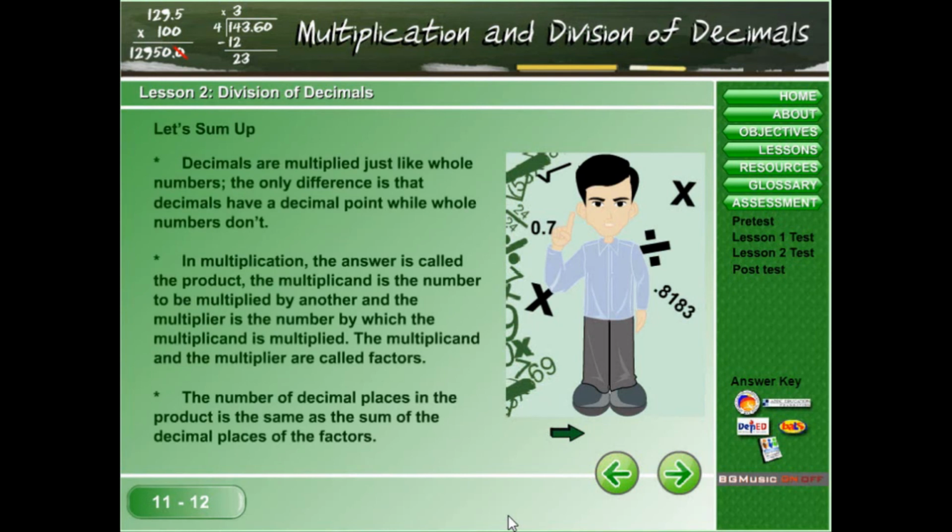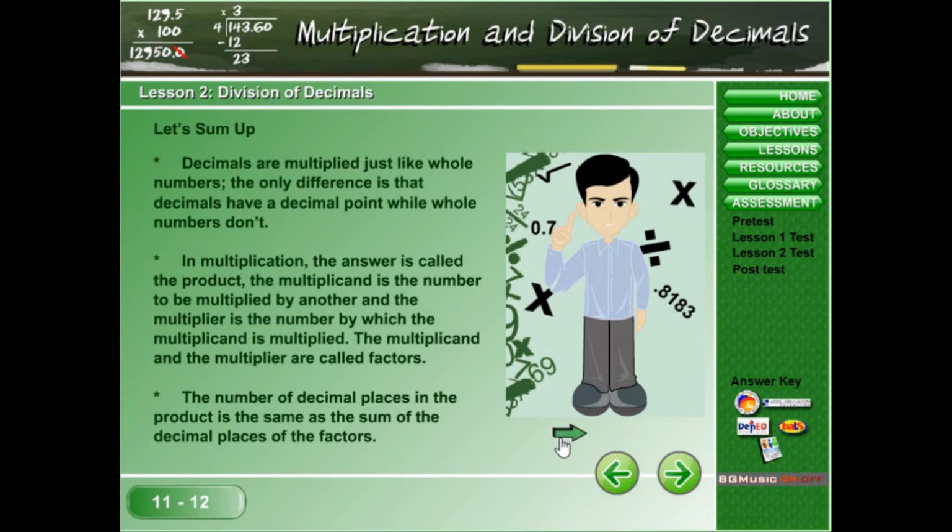Decimals are multiplied just like whole numbers. The only difference is that decimals have a decimal point while whole numbers don't. In multiplication, the answer is called the product. The multiplicand is the number to be multiplied by another, and the multiplier is the number by which the multiplicand is multiplied. The multiplicand and the multiplier are called factors.